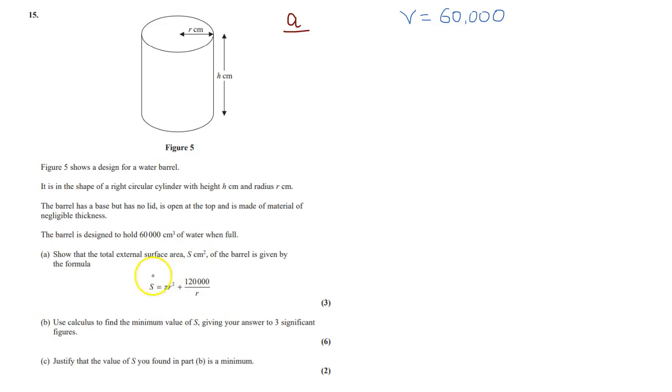Here you can notice there is no h. If you write the formula for surface area, that will be the area of this circular base. This is pi r square. Then this area, when you open it out, will be like this.